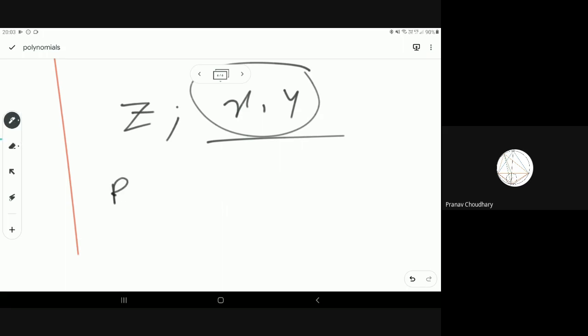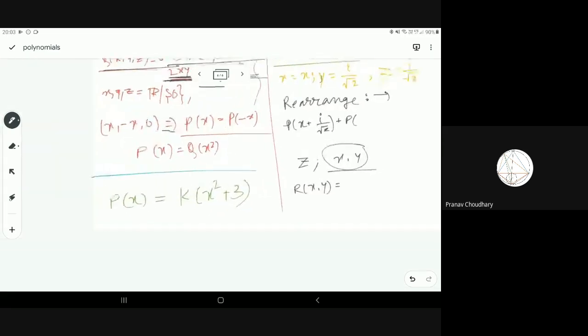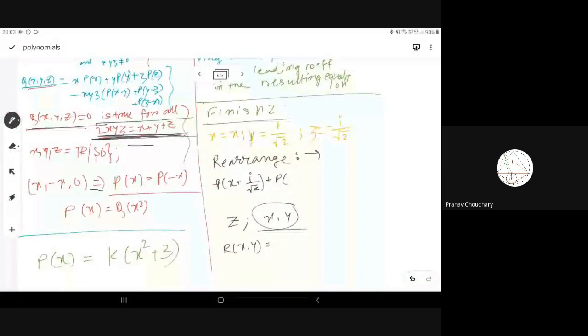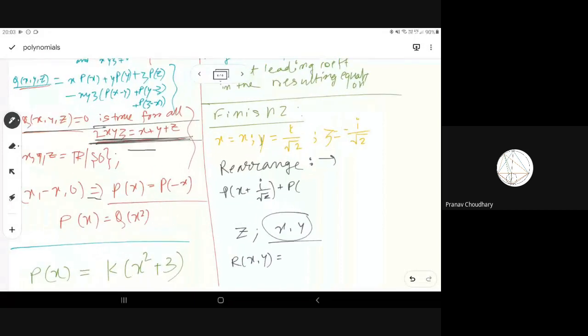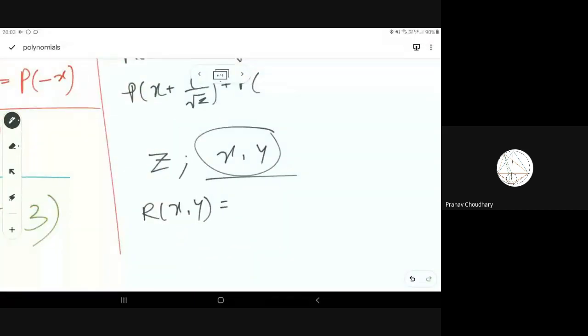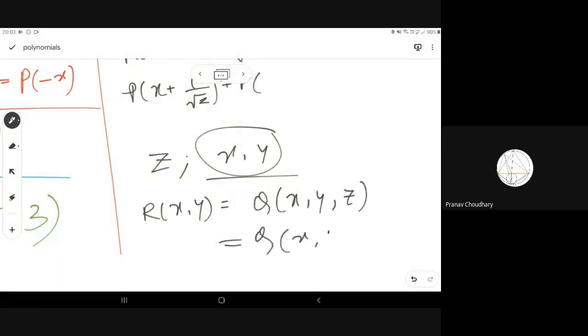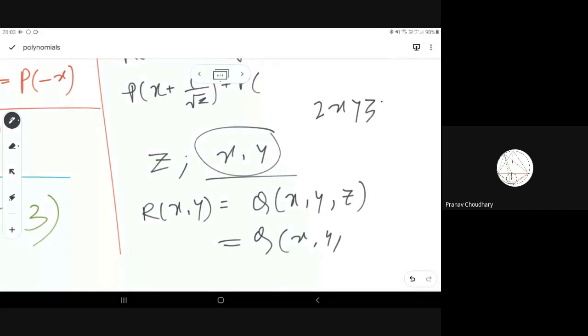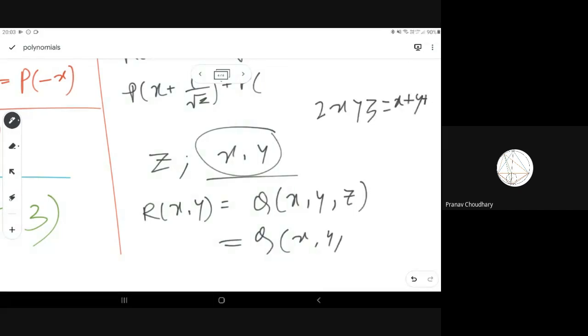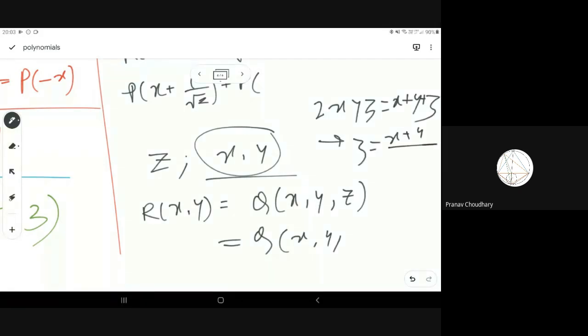So you can think of a two variable polynomial, say r of x comma y, defined from p of x comma y comma z. Let me just solve the equation for z: z is x plus y by 2x minus y.